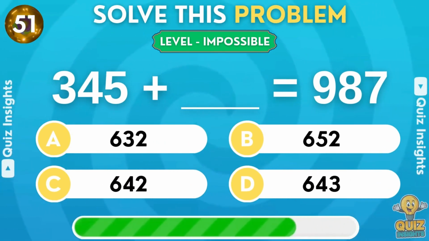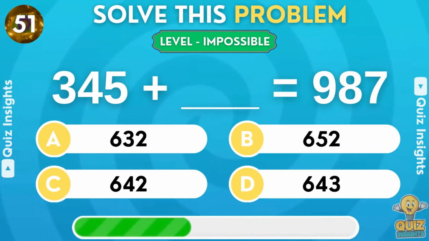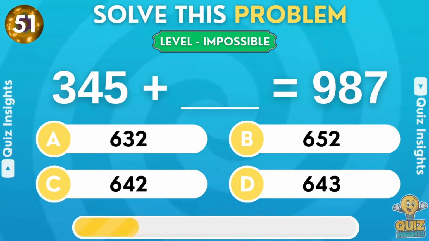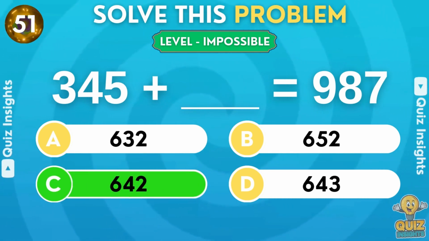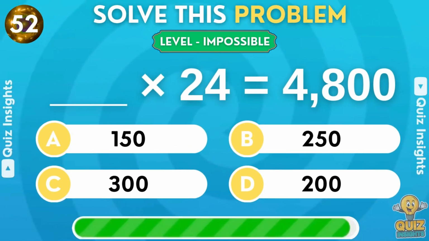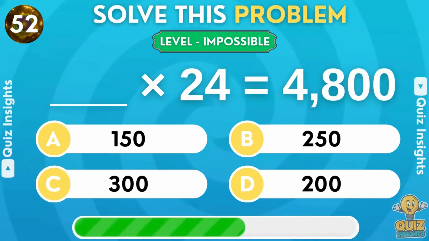345 plus what number equals 987? It's 642. What number multiplied by 24 equals 4,800?